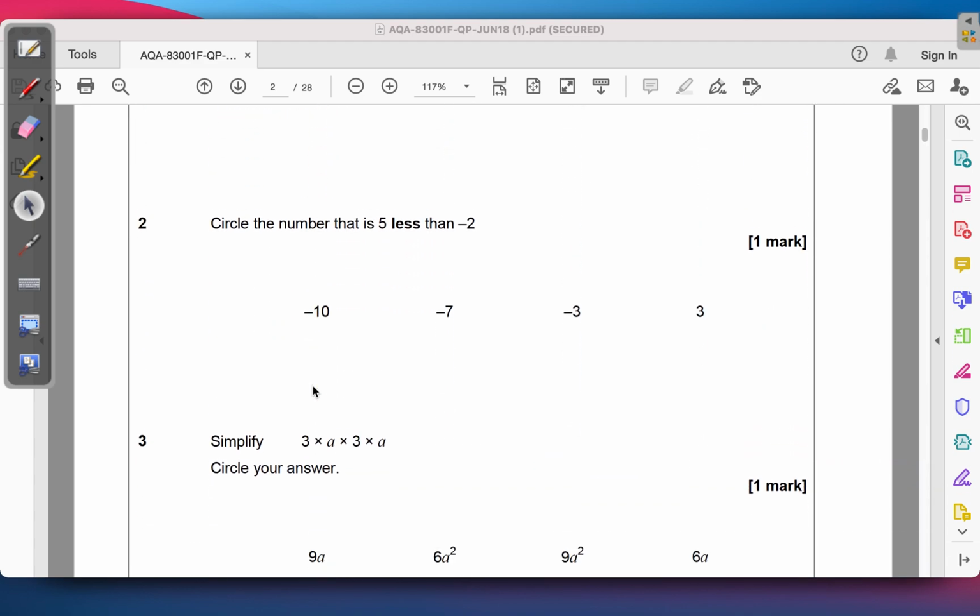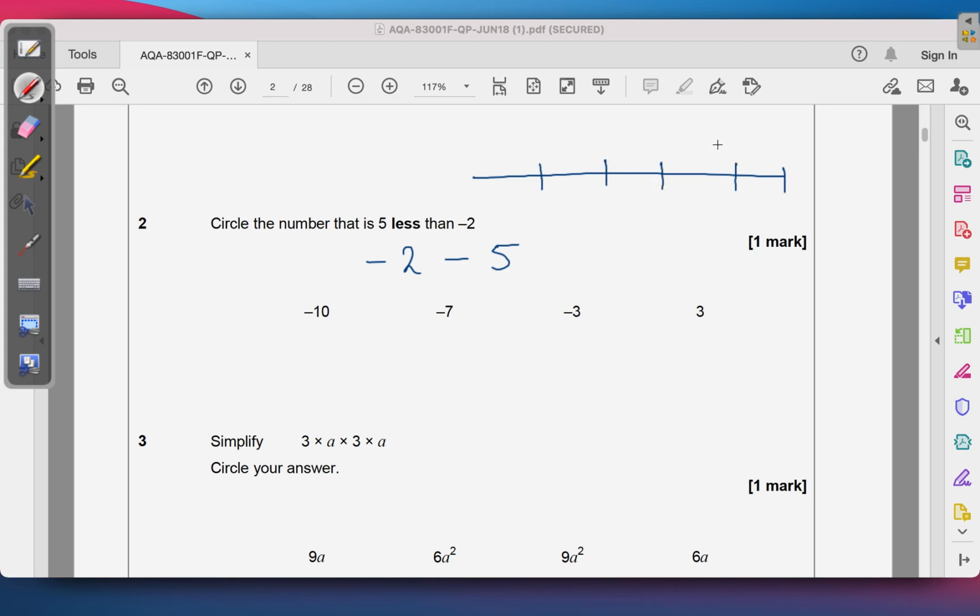Circle the number that is 5 less than -2. So what that means is that we need to find the number in this list that you get when you take 5 from -2. Okay, so if we have -2 and we take away 5, essentially we're looking at a number line like this.